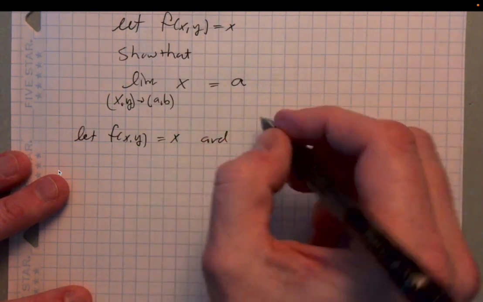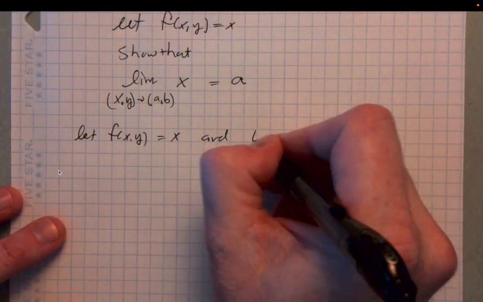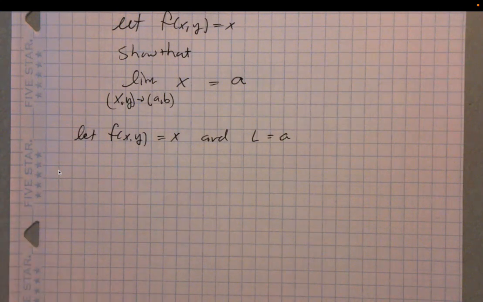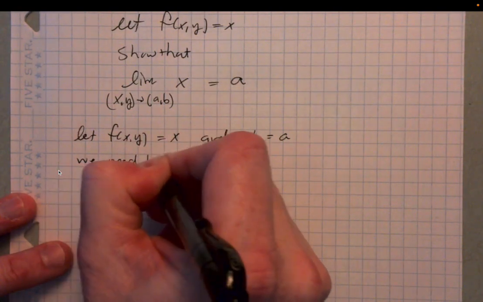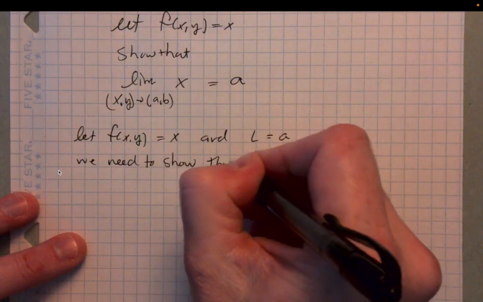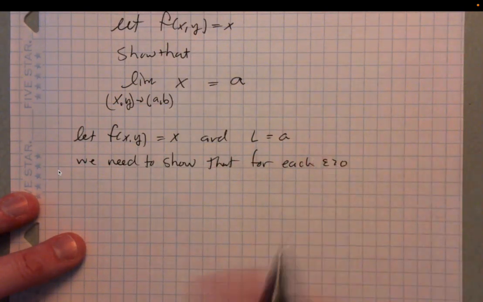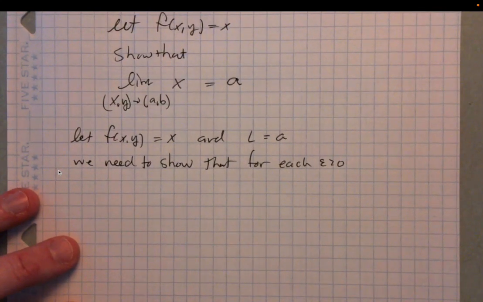And in the notation for the definition of the limit, we had an L, and so that L in this case needs to be equal to a. Now, what do we need to show here? What are we trying to show? We need to show that for each epsilon, any epsilon you give me, there exists some delta neighborhood.